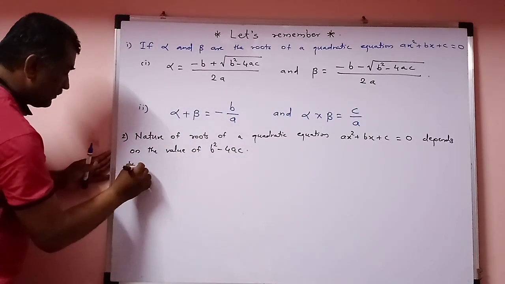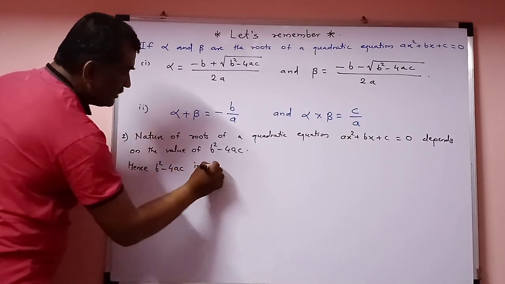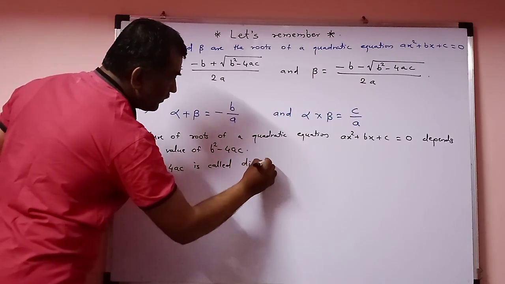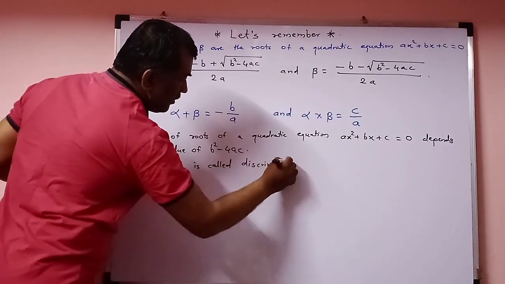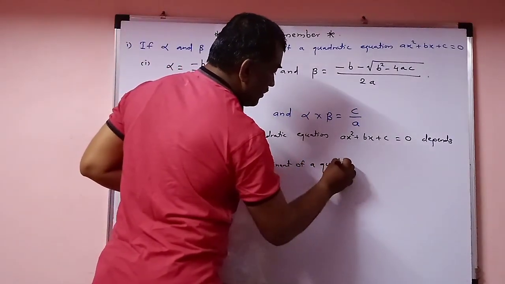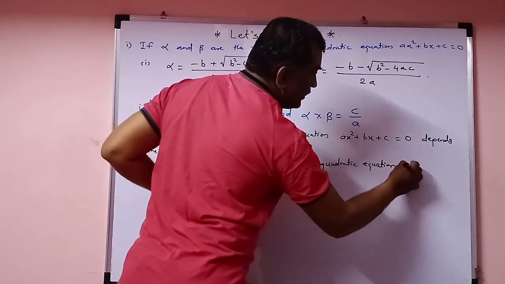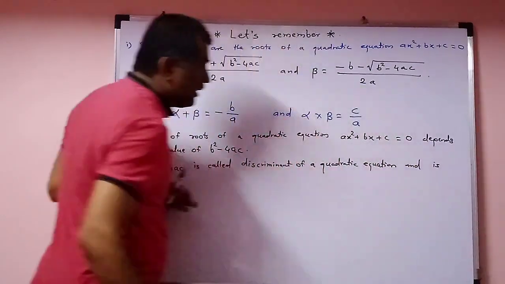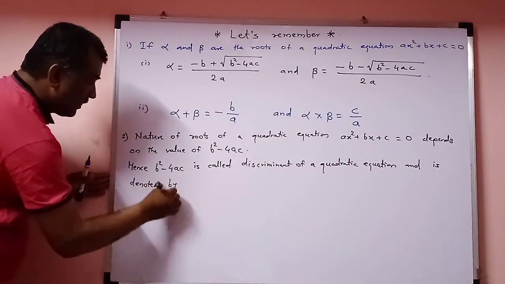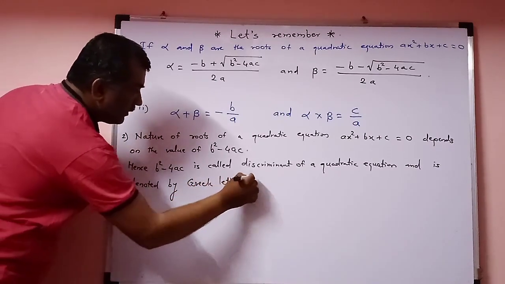Hence, b square minus 4ac is called discriminant of a quadratic equation and is denoted by Greek letter delta.